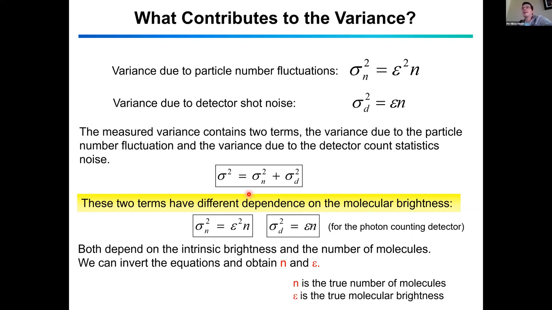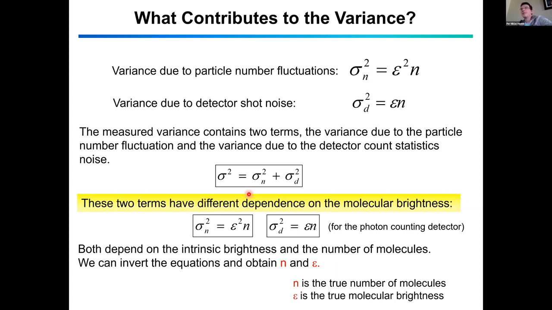But then there are other variations, and the simplest one is the variance due to the detector shot noise. We're detecting single photons, so there's always going to be some shot noise. The variance of that is equal to the brightness epsilon times the number. So it scales differently in terms of brightness.